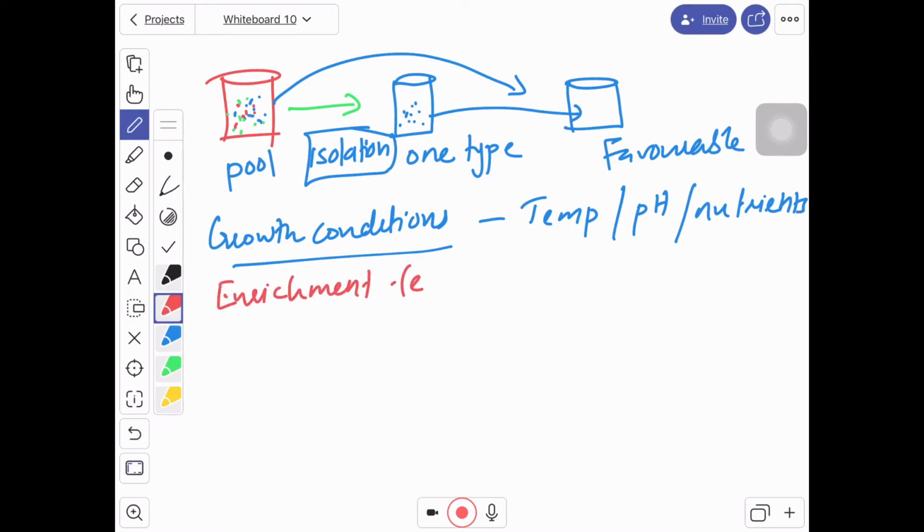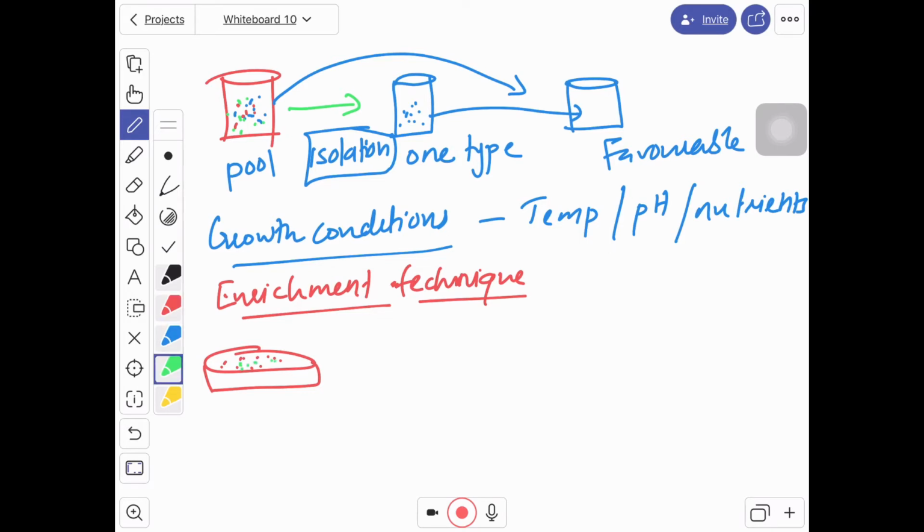Enrichment technique. In this technique, we are enriching the culture by subculturing a small amount of microorganism and transferring them to a fresh medium. I will tell you. Suppose we have grown a pool of microorganisms here.